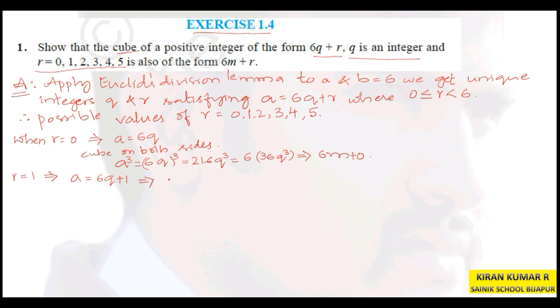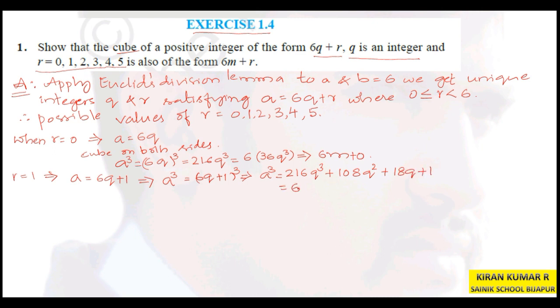Same way, when r value is taken 1, we have a equal to 6q plus 1. Cubing on both the sides becomes a cube equal to 6q plus 1 whole cube. If you cube this by expanding, we get a cube value as 216 q cube plus 108 q square plus 18 q plus 1.